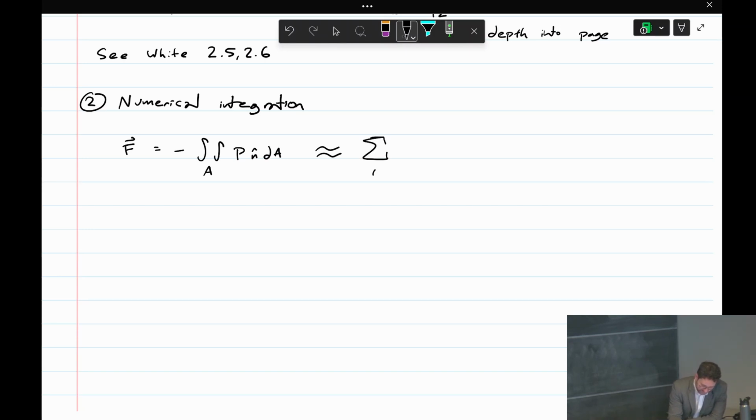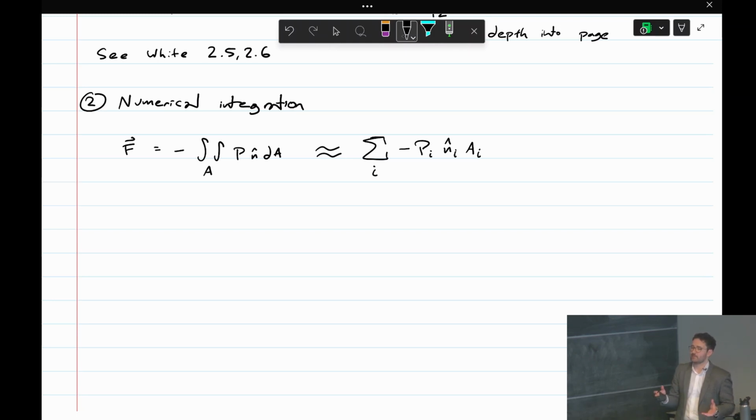as the following sum. So say we break that area up into a bunch of different elements, indexed by i. This is kind of how we derived the formula for this integration.